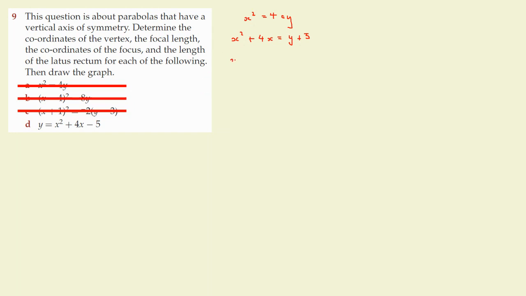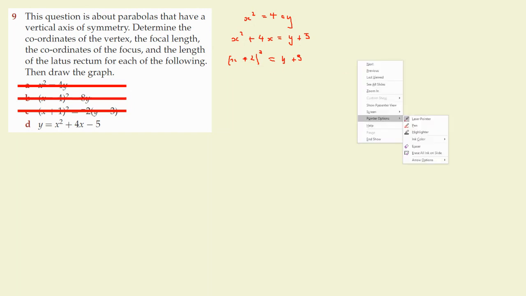Complete the square. x plus 2, all squared, equals y plus 3. But that plus 2 at the end of our squaring bracket, when it gets squared, brings out another 4, doesn't it?